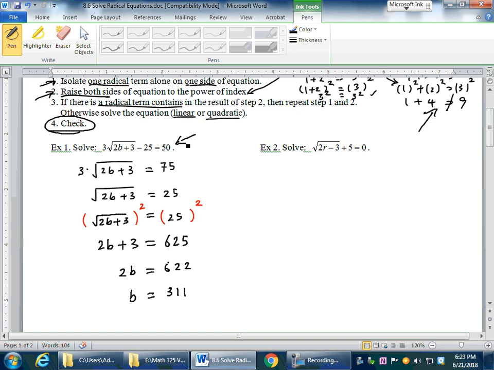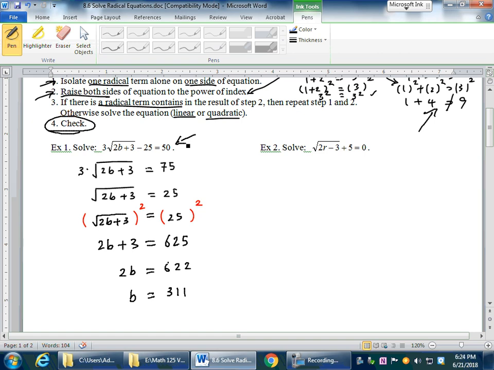Now what we do is take the square root of this value, square root of 625, that gives me 25. So 25 times 3 is 75, and take away 25 gives me 50. So 50 is equal to 50. So you may use your calculator to check that, right? When the number is large. When the number is small, you can check it mentally.